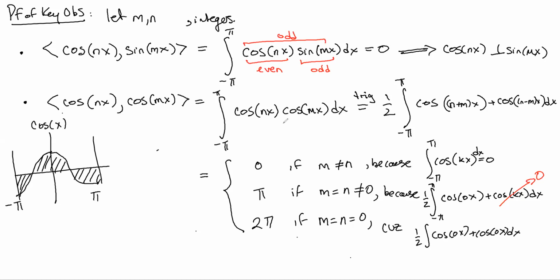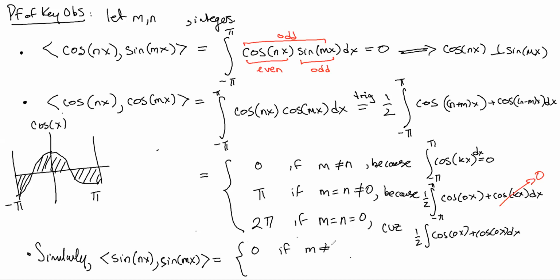And you use the same product to sum reasoning with the sines. This equals 0 if m is not equal to n, and pi if m is equal to n. You don't have the special case of 2 pi for sine, because the constant function 1 is not a sine of anything. Cosine 0 is always equal to 1, but sine of 0 is just 0, and that's not included in that set.